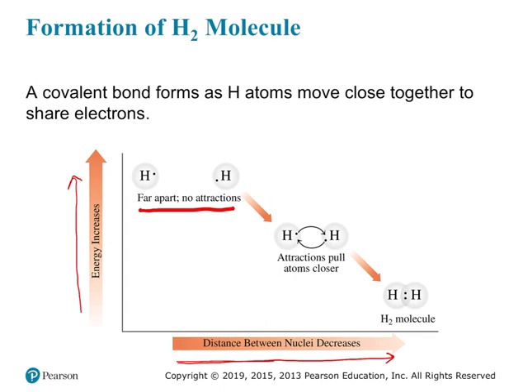Now, if those two hydrogen atoms get near each other, they're going to start to attract each other, and eventually they'll get close enough that they share those two electrons and form a covalent bond. So now they're really low in energy because they're stable, like a noble gas.